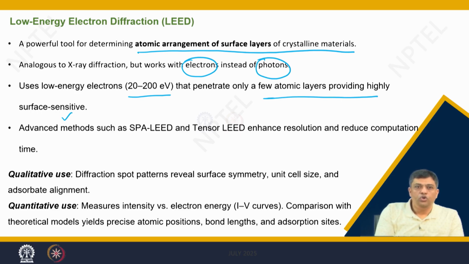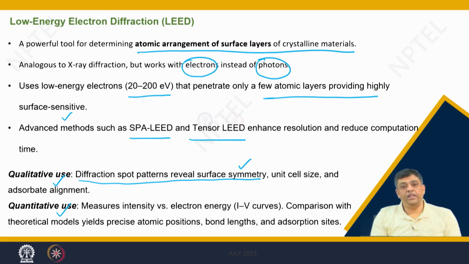So, you can have various types of LEED and they can be used to give you qualitative as well as quantitative data about the sample. If you want to have qualitative use, then you will find that the diffraction spot patterns will reveal the surface symmetry.